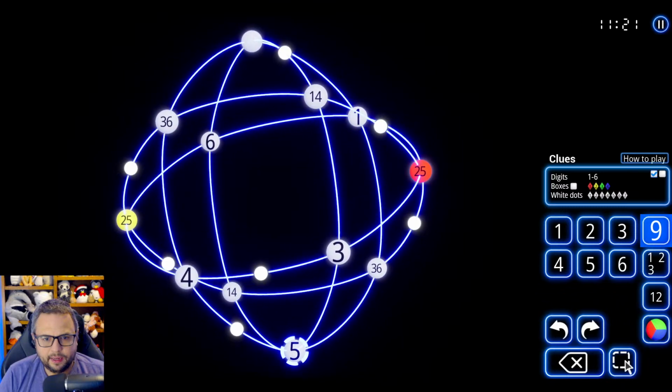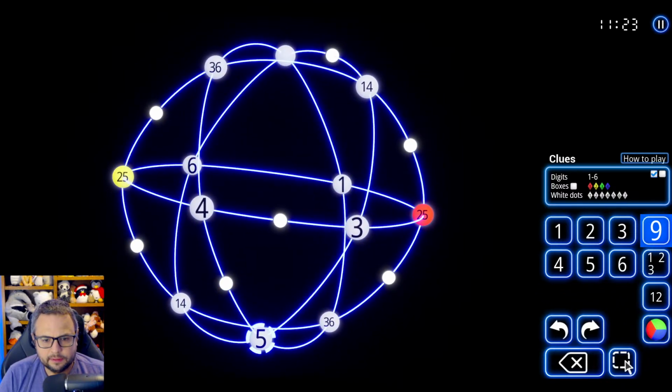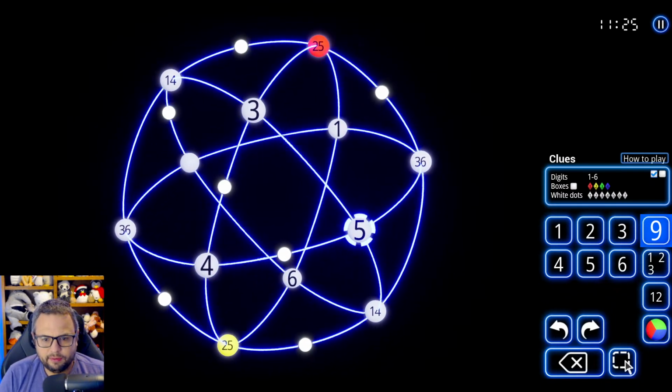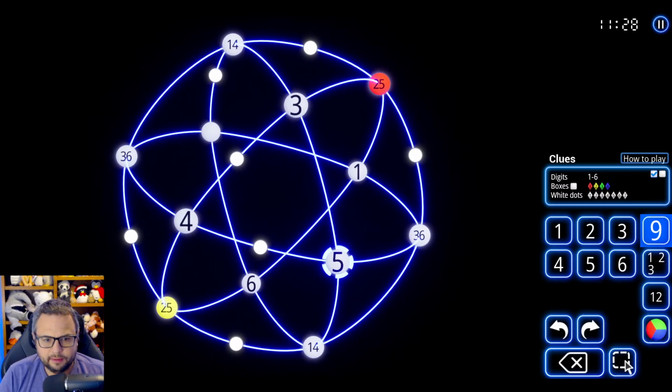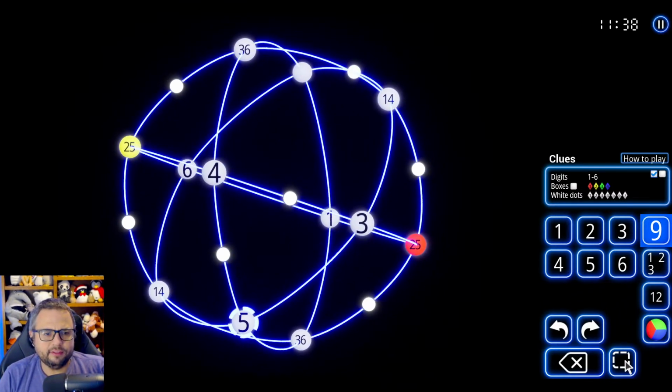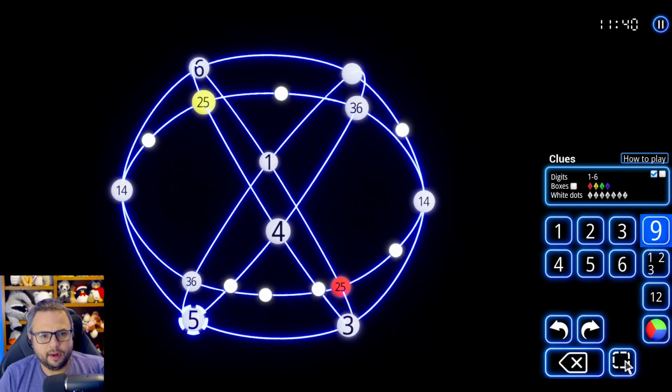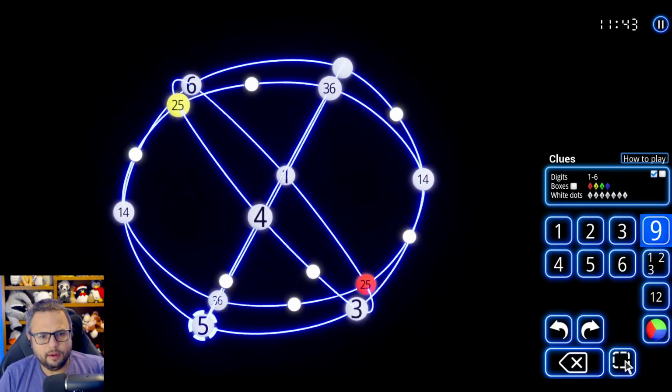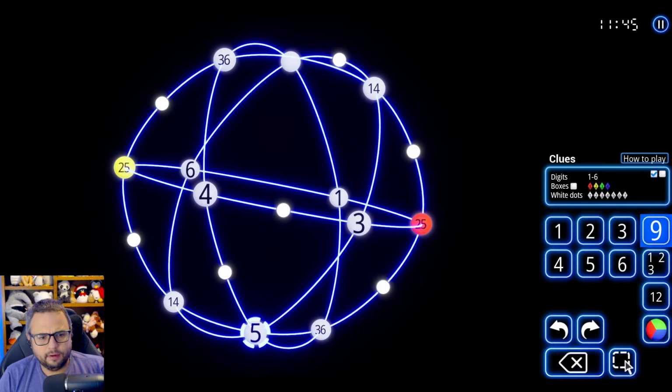Let's see. Now I have to spin this around until we see what's happening. I'm sure this 4 sees something somewhere that is useful. Aha, yes, this 4 is on my string of... No, it's not.